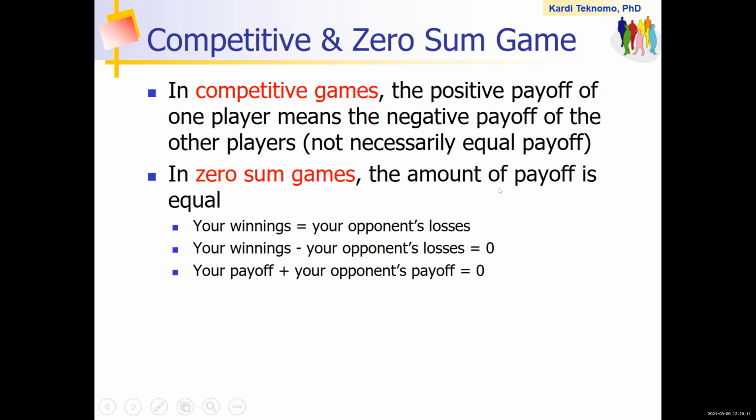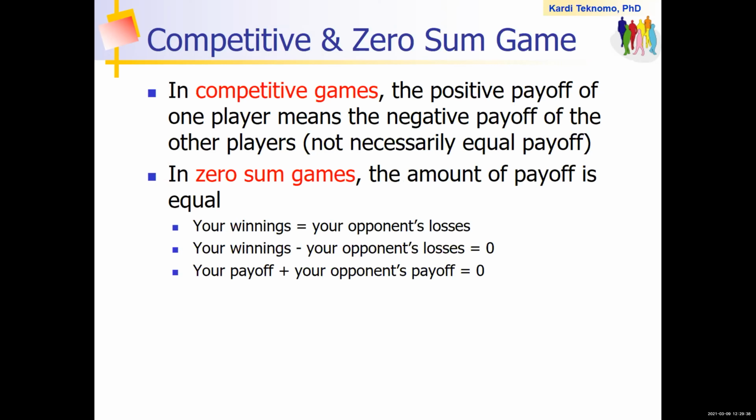Okay. So in the next meeting, we'll discuss first about zero-sum games. After that, we'll discuss competitive games, where the payoff is either positive or negative. Okay. When we say zero-sum game, it means the payoff sums to 0.